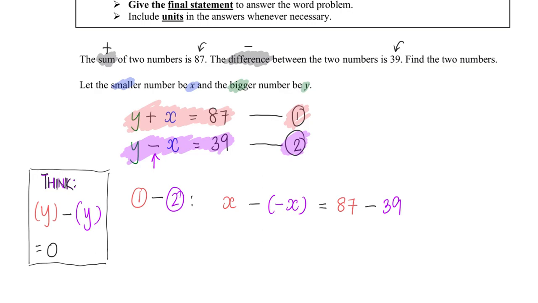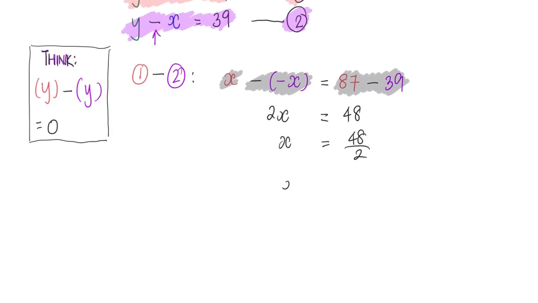And we can proceed to solve this already because x minus negative x is the same as x plus x. This will give me 2x equals 87 minus 39, which is 48. So my x is simply 48 divided by 2, 24.